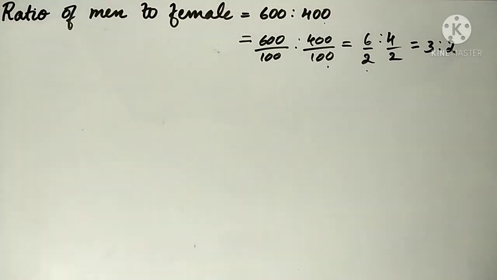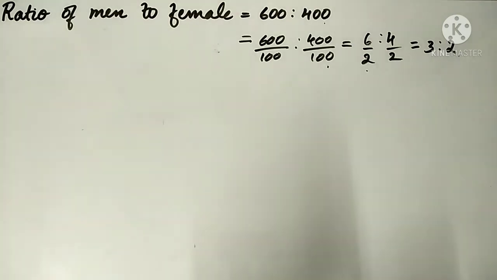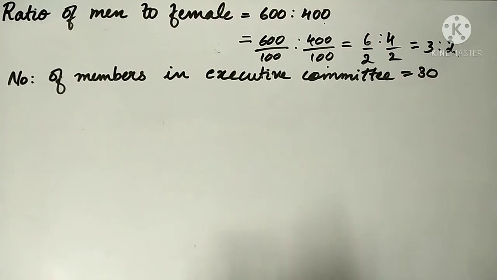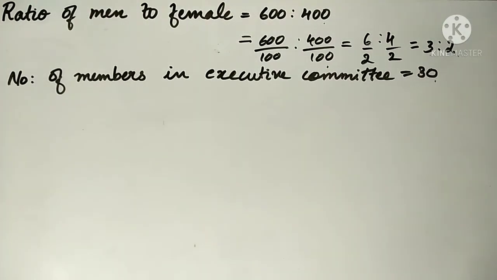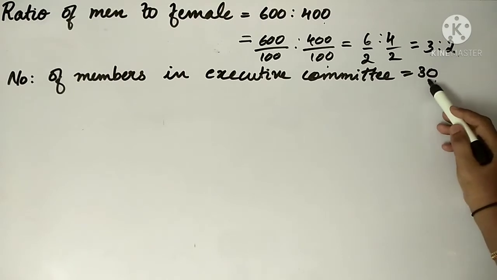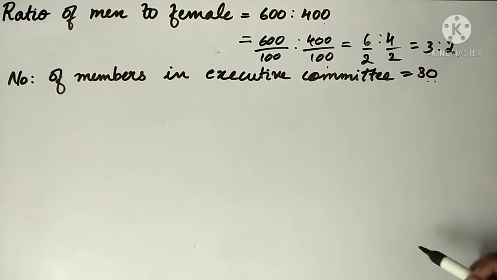And the question is that we have to form an executive committee of 30 members in the same ratio 3 is to 2. So, we write number of members in executive committee is equal to 30. We have to find how many males and females are there in this committee in the ratio 3 is to 2. Now, first let us find the number of males.